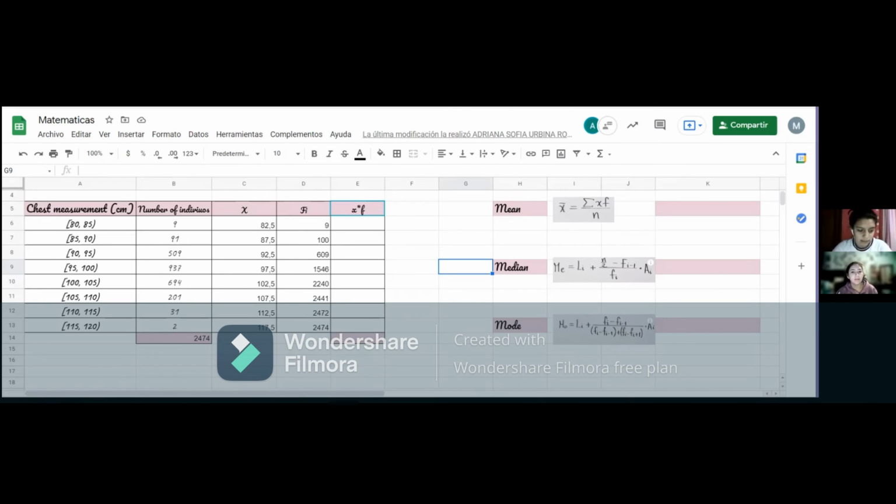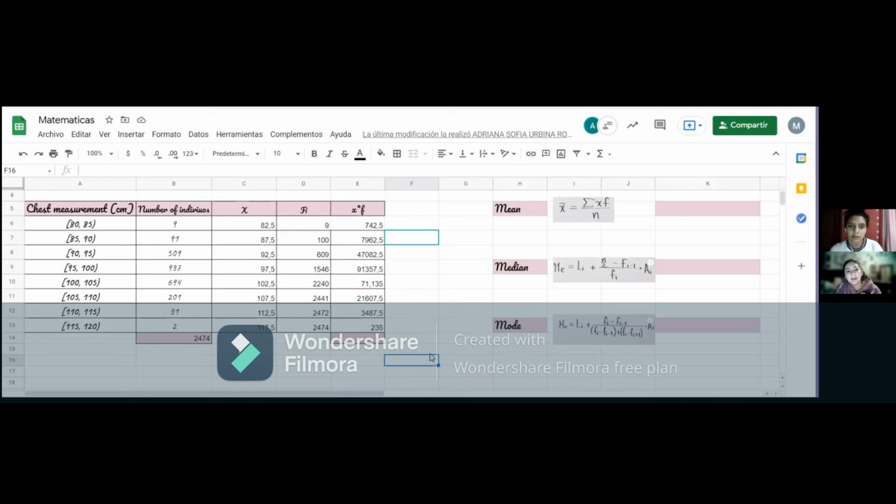To solve the average, we will use the following equation: the sum of the results extracted from the multiplication of the class mark by the absolute frequency of each interval, all divided by the total number of data or individuals. 82.5 by 9 gives you 742.5. And so on it continues.